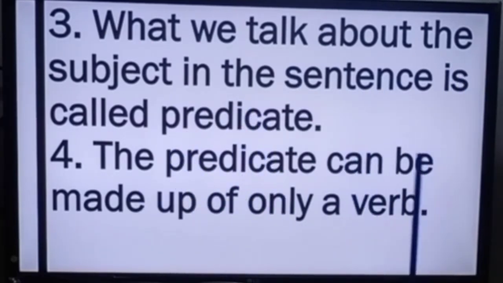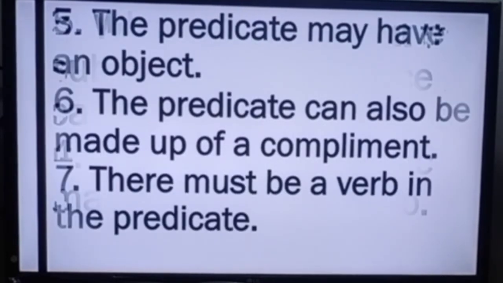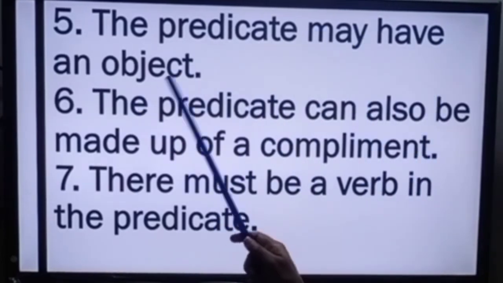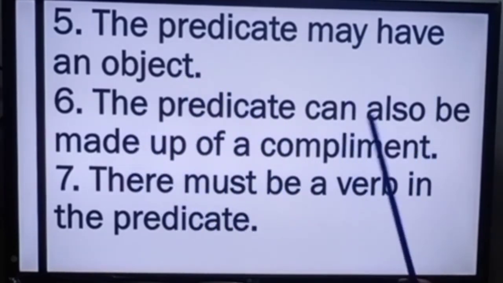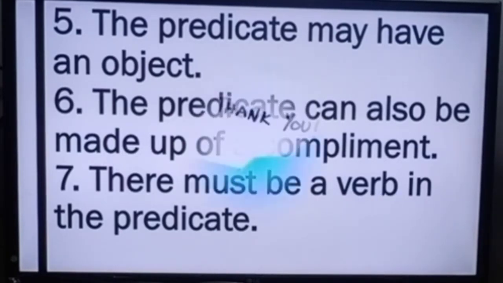The predicate can be made up of only a verb. The predicate may have an object. The predicate can also be made up of a complement. There must be a verb in the predicate. So it is necessary that every predicate must have a verb, right?